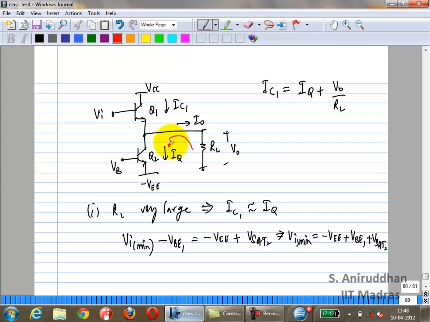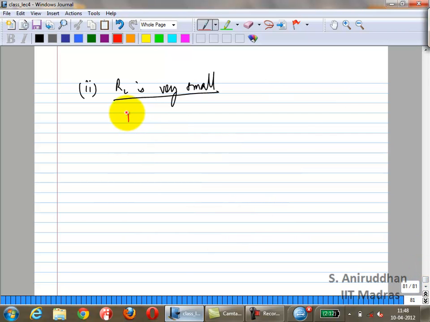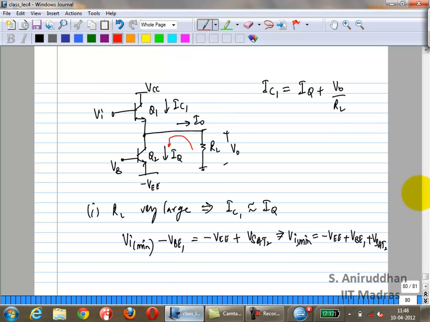Okay? And now you can have a case where Q1 can become cut off. IC1 can go to 0. When does that happen? VO by RL equals IQ.